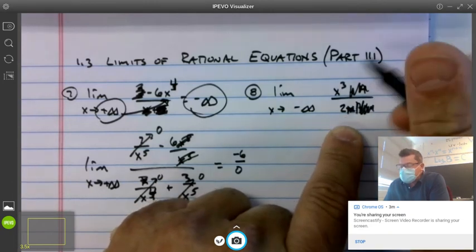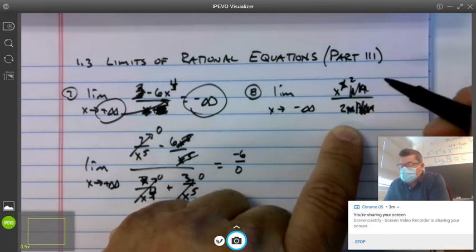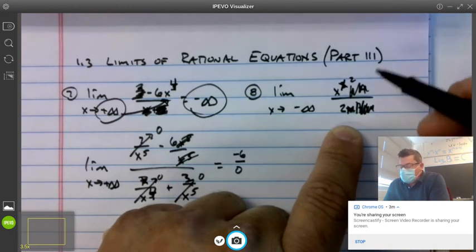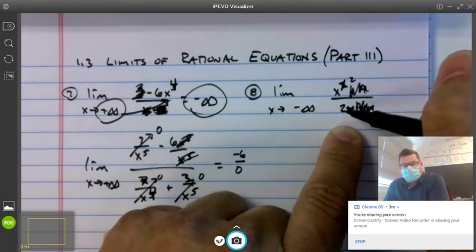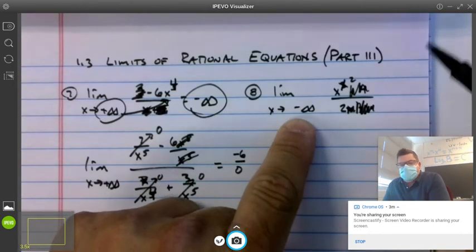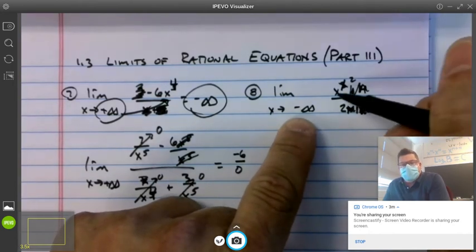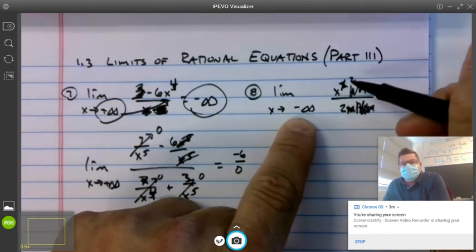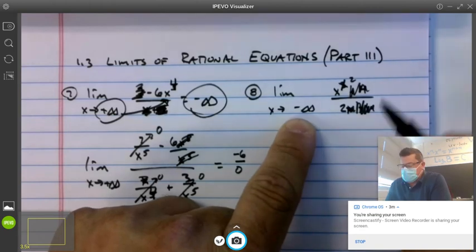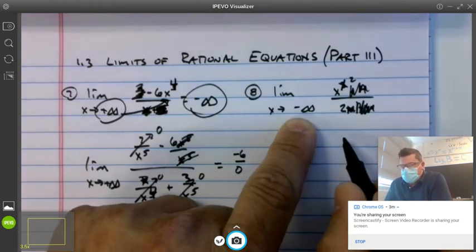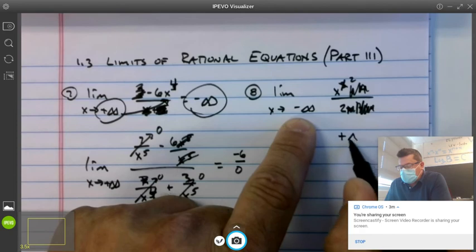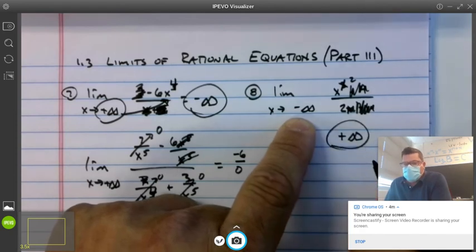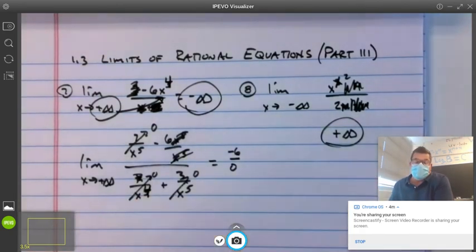One of these x's cancels with one of these x's, and you're left with x squared over 2. Erase and replace it with negative infinity. Negative infinity squared is positive infinity divided by 2. And a huge number divided by 2 is still a huge number.